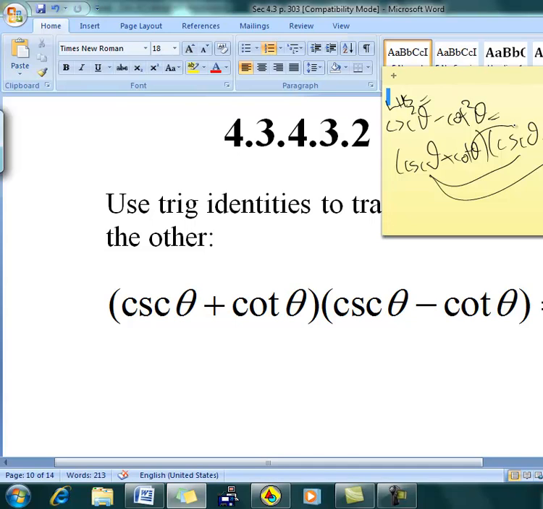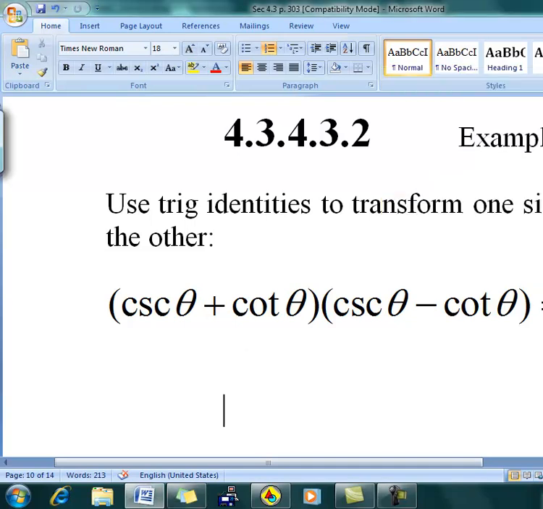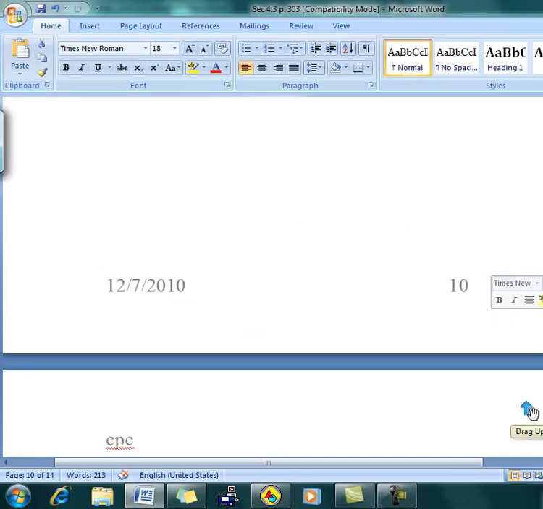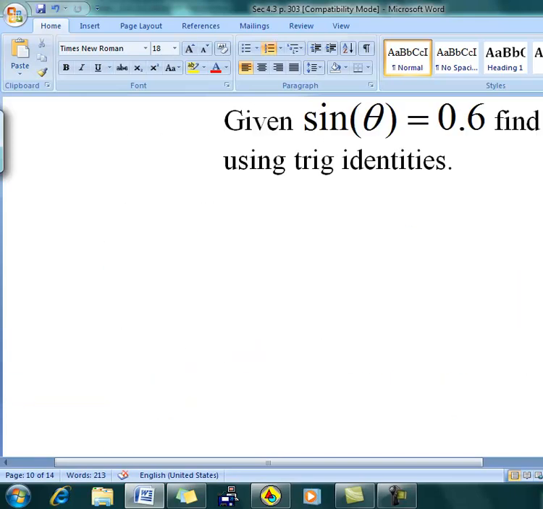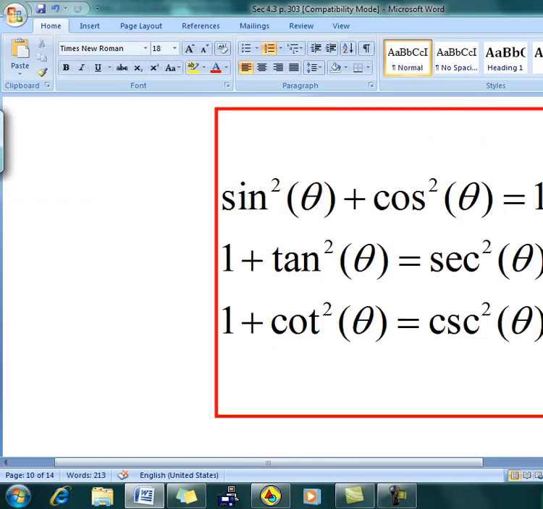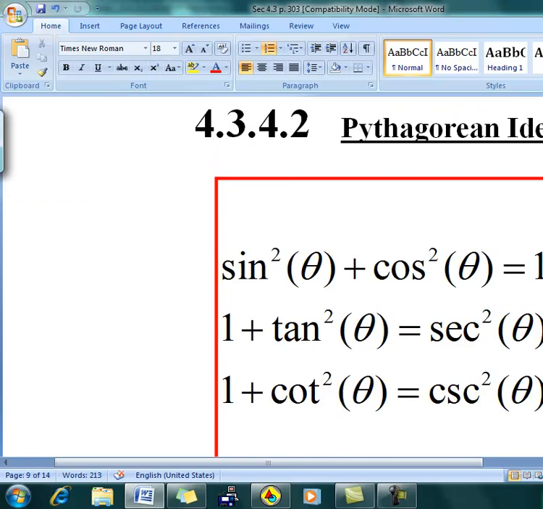That gives you a plus. So the two cancel. And then this times this gives you minus cotangent squared theta. Is everybody with me on that? And go back to your Pythagorean identity. Do you see that Pythagorean identity? Is that equal to 1 or what? CSC squared minus cotangent squared?